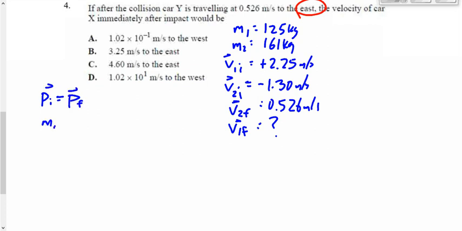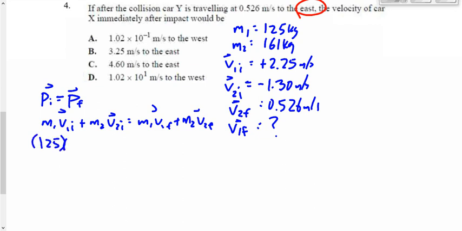Let's say M1 V1I plus M2 V2I equals M1 V1F plus M2 V2F. M1 is 125, V1I is 2.25. It gets a little ugly here.